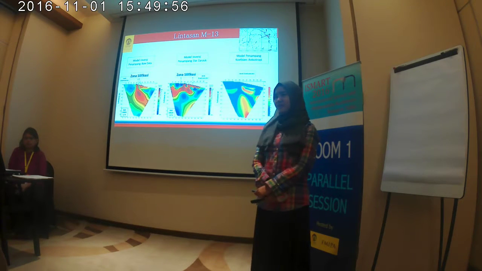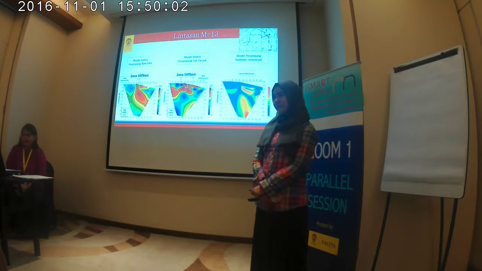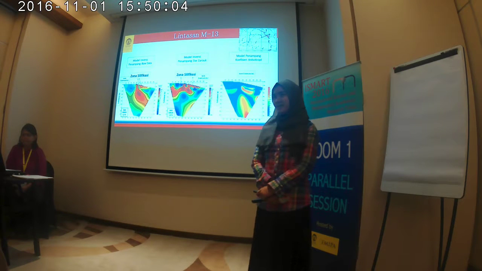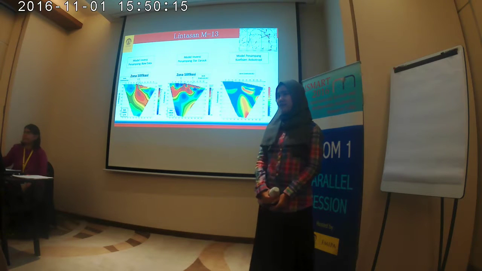I see Dar-Zarouk with that red silicification zone, and the raw data is different. It's very different between those two results. So why do you use Dar-Zarouk instead of raw data results?